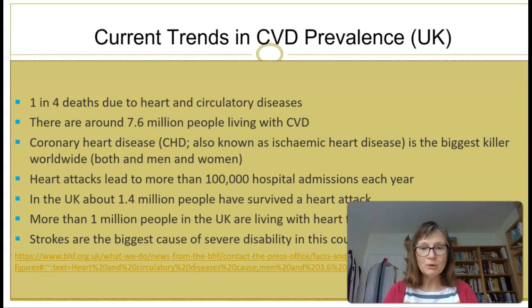So it's a major cause of disability in the UK, but strokes are the biggest cause of disability in the UK, and those of course can vary in severity too. For some people they will not survive a stroke, some people will have profound disability and be unconscious, never regain consciousness, and some people it's something that after a few months they can work through and rehabilitate.